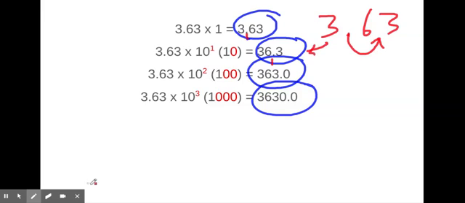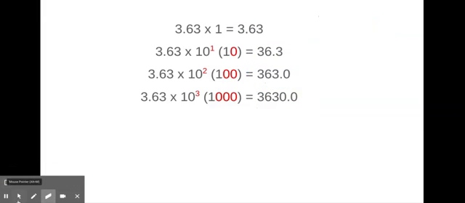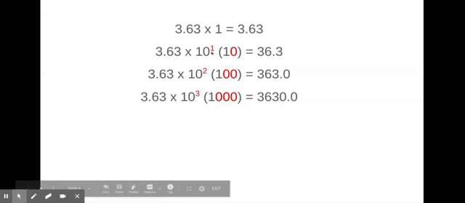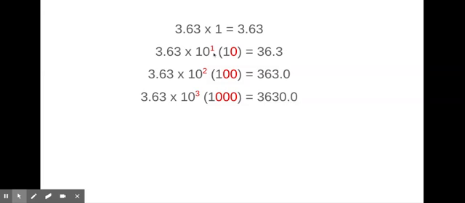You might have said, oh, well, over here then, the decimal point moved 2 places to give us 363. Down here, the decimal point moved 3 places. So we can use another shortcut here. Instead of adding zeros, we can just move our decimal point. The exponent tells us how many places to move our decimal.